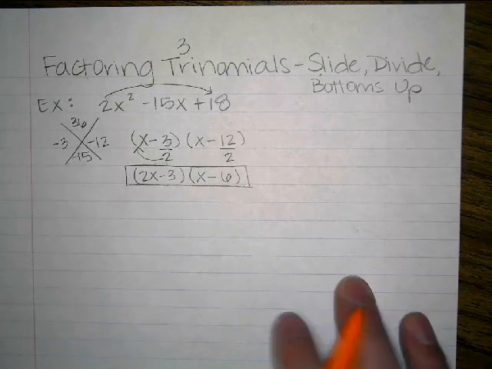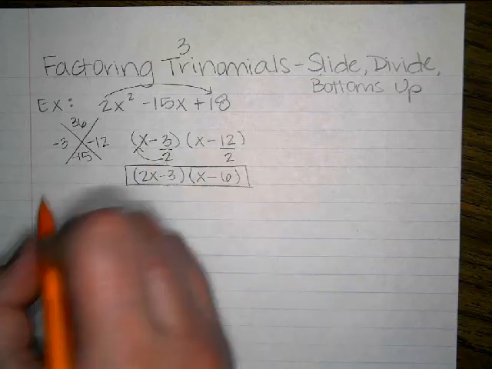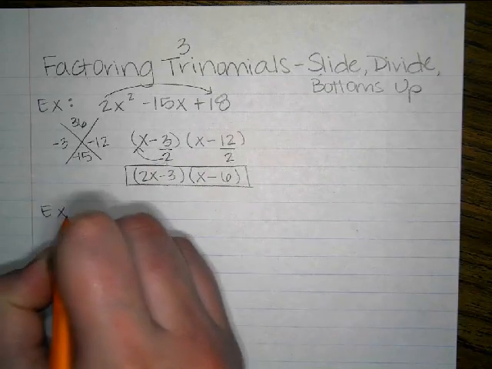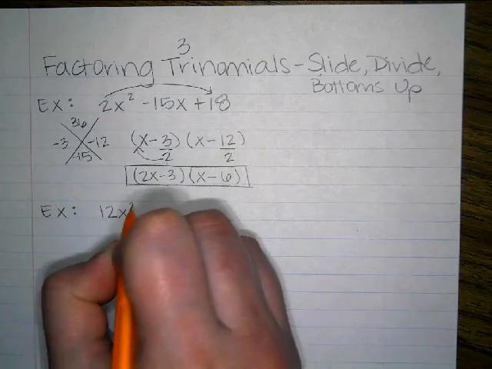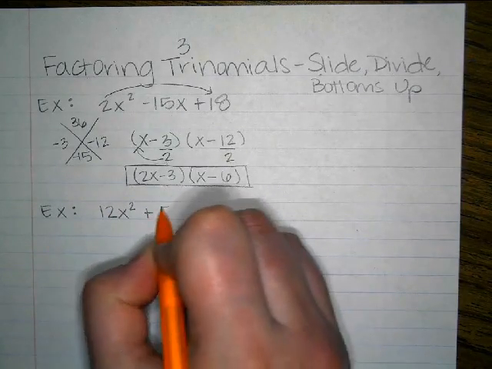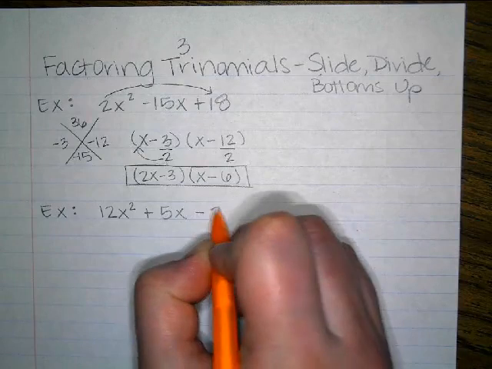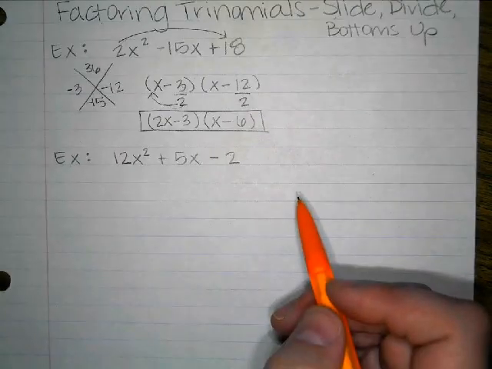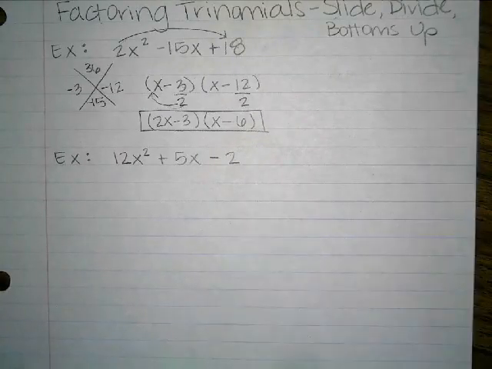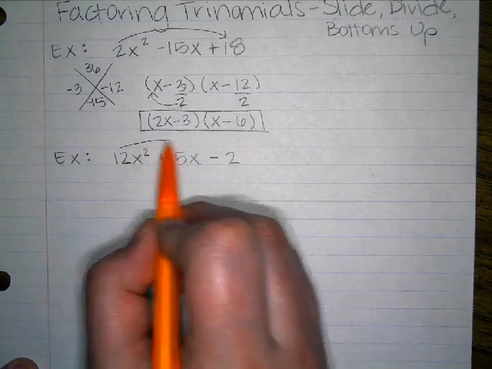Okay, let's try another one. 12x squared plus 5x minus 2. Okay, so the first thing we're going to do is we're going to take the 12 and we're going to slide it over to the negative 2.